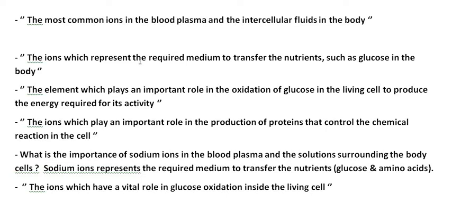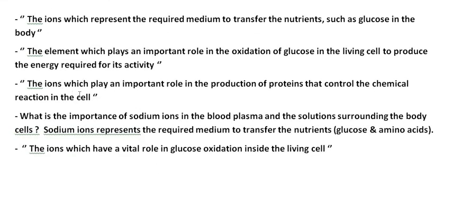The ions which represent the required medium to transfer nutrients such as glucose in the body are sodium ions. The element which plays an important role in the oxidation of glucose in the living cell to produce the energy required for its activity is potassium. The ions which play an important role in the production of proteins that control the reactions of the cell are potassium ions.